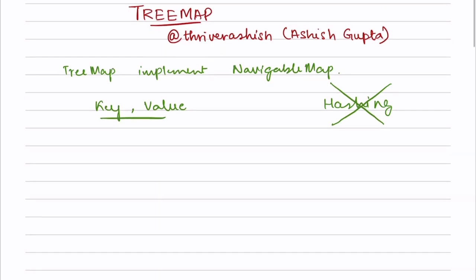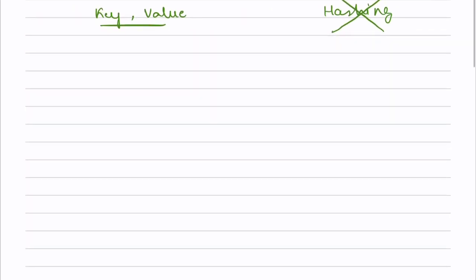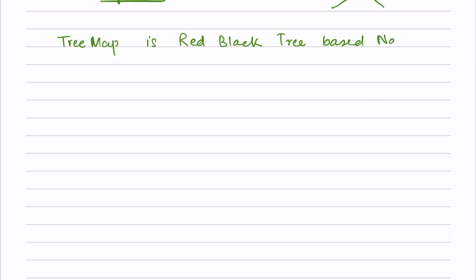As the name suggests, TreeMap, you can guess by now that there has to be a tree data structure used internally. So what does TreeMap use? TreeMap is a red black tree based NavigableMap implementation.